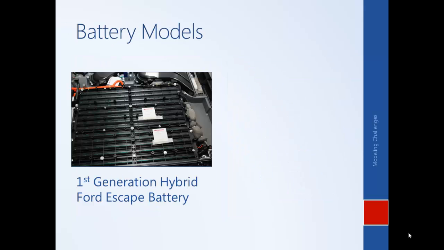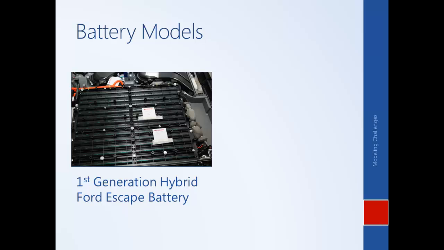Here is a picture of the actual battery in the first generation electric hybrid Ford Escape. This vehicle we actually have on the McNichols campus if you ever want to see it in person. Just to give you a sense of the size of the battery, this unit basically takes up the ground of the rear cargo area of the Escape, or the area underneath the hatchback.